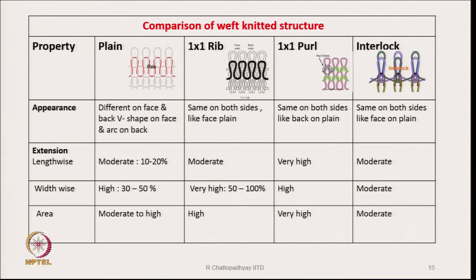So, if we go for a comparison of weft knitted structures, because within weft knitting also there are many structures. We have plain, rib, purl, interlock.